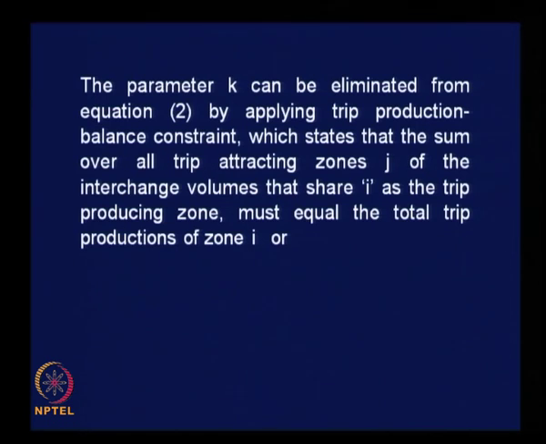You may recall when we discussed the convenient format of presenting trip distribution data, we discussed the PA matrix. We also know that if you add the cell elements along a row, you will get the total trip production pertaining to that particular zone.